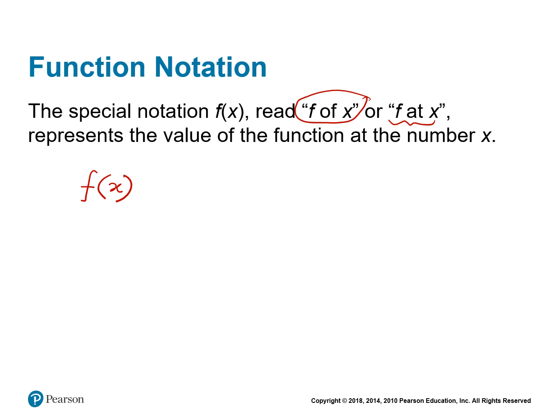F of x equals a particular equation on the other side. When we say f of x, this x within brackets represents an input value that will feed into the equation and produce a y value.